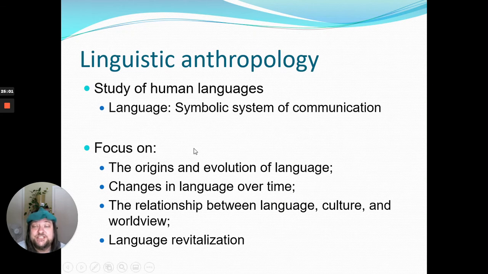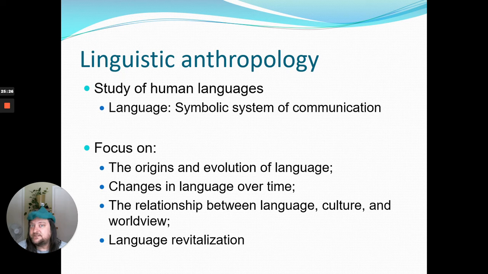Linguistic anthropology is a fascinating field on its own. Linguistics is its own field, so linguistic anthropology is a subfield of anthropology but also of linguistics, a kind of crossover. It's the study of human languages, but not in the sense of learning a language, right?